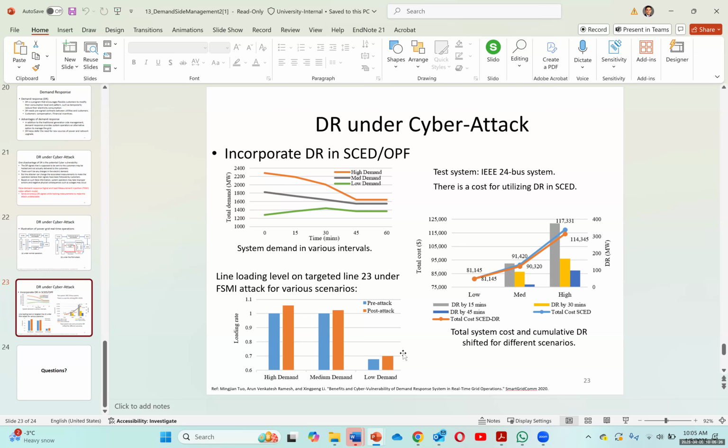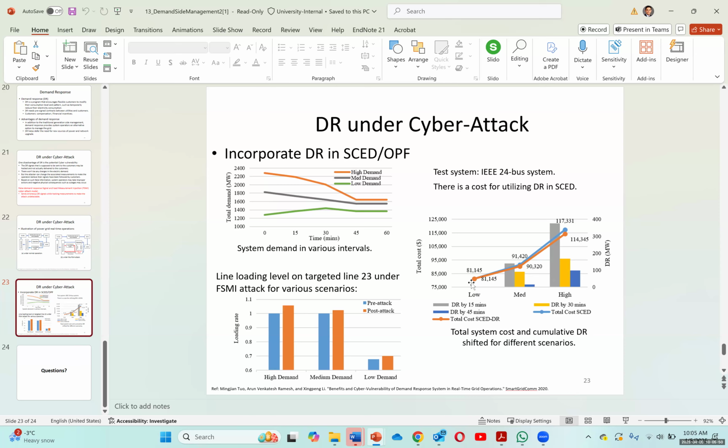And when changing the loading rate, the system thinks it has a high load, it's going to decrease it, but in reality, it won't decrease. And we're going to have outages and problems and overload in the system. The total system cost and cumulative DR shifts for different scenarios are shown here as well.